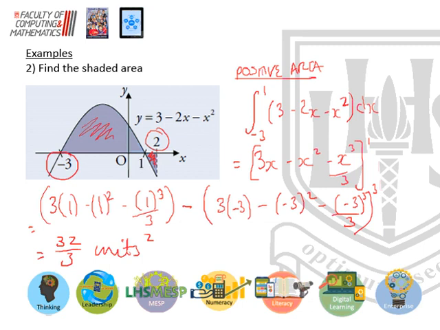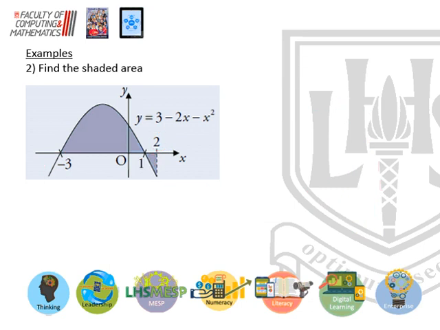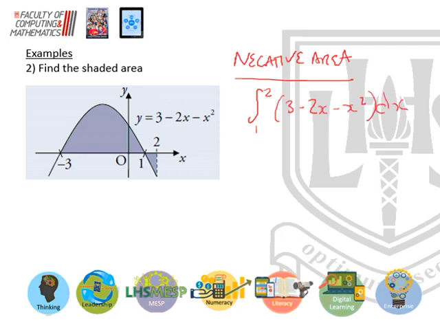Okay, now going into the same process, we're going to do exactly the same thing for our negative area. Okay, set up the integral again. It's going to be between 1 and 2 this time for 3 minus 2x minus x squared with respect to x. So the integral is not going to change. It's still going to be 3x minus x squared minus x cubed over 3, but this time it's between 1 and 2.